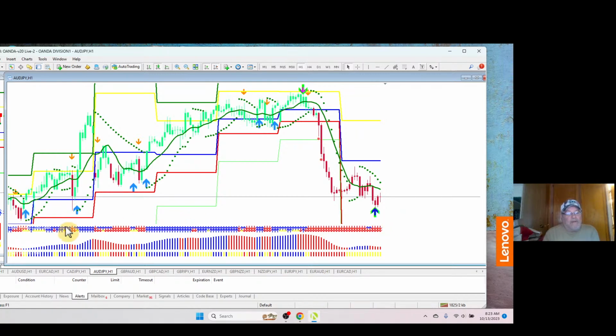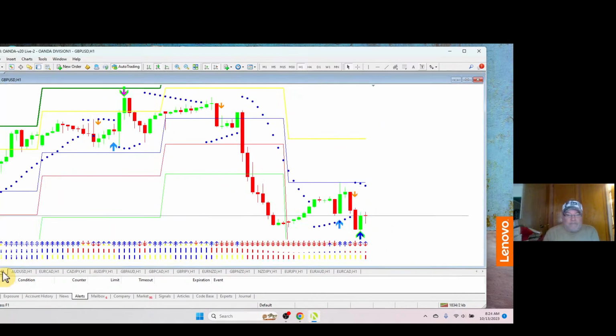So 1, 2 could be. They drive it down here. A better buy would be on down here. On the Aussie yen, the pound dollar is making a 1 hour buy signal, but the setup is not there.